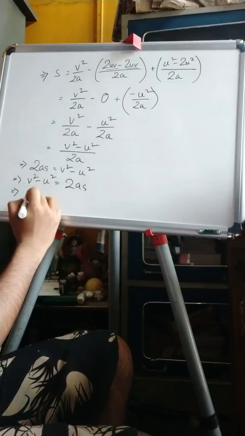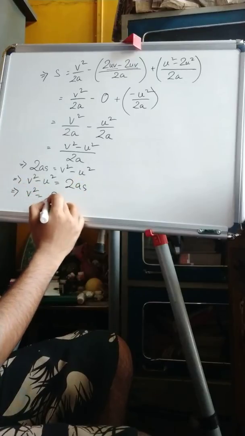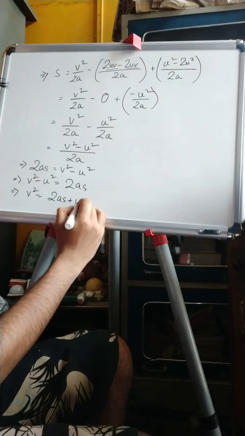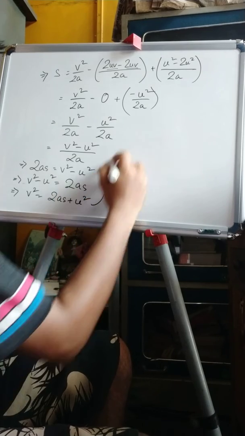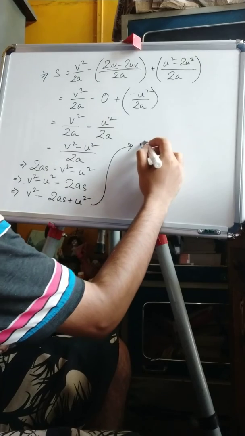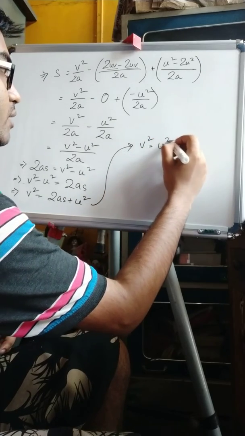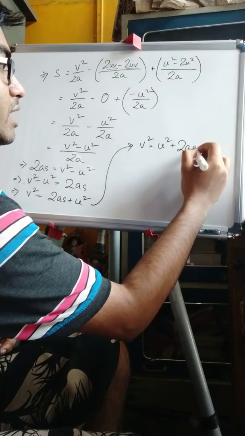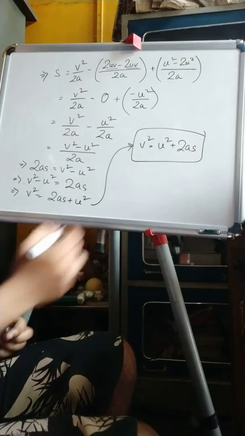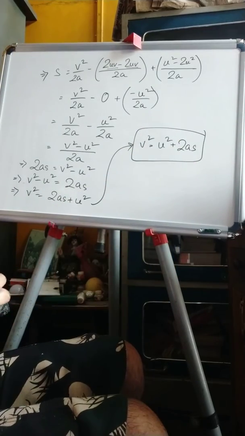This implies v square is equal to u square plus twice of as. So this is the third equation of motion.